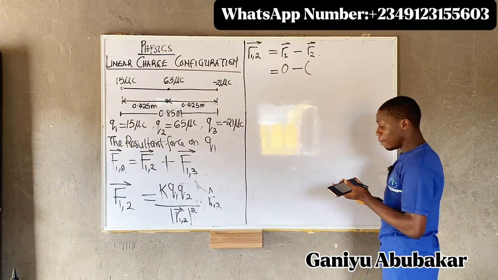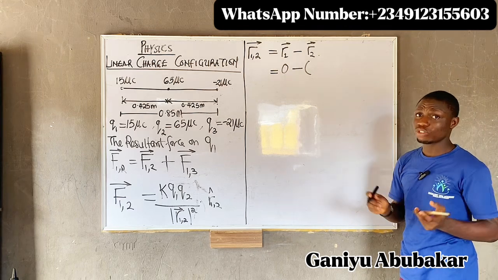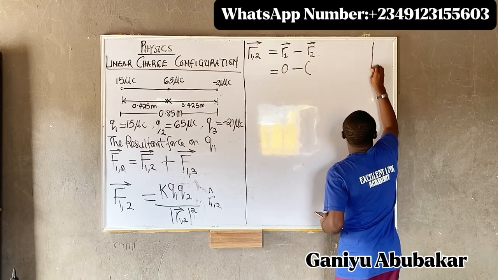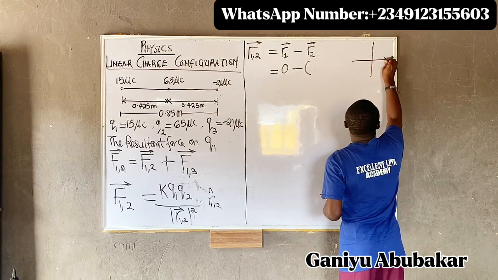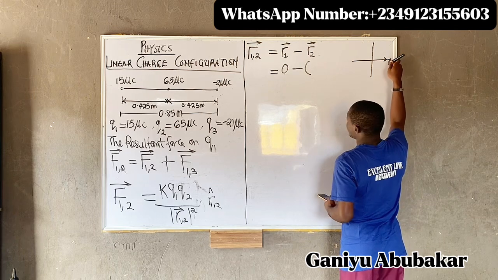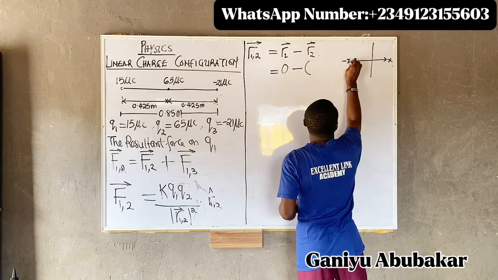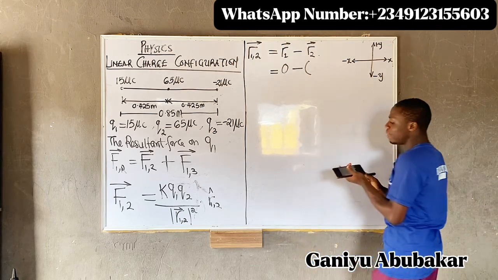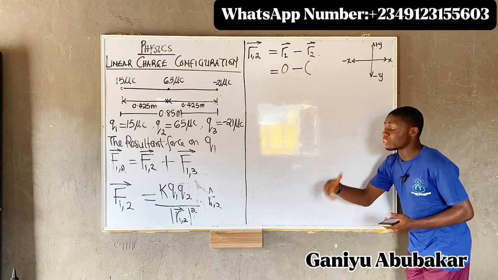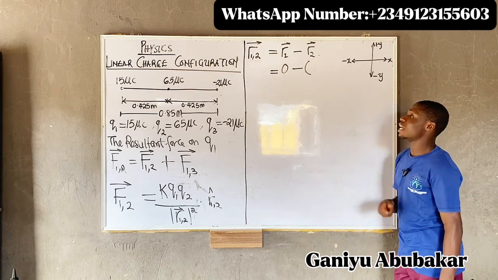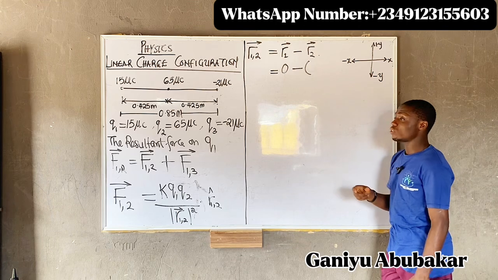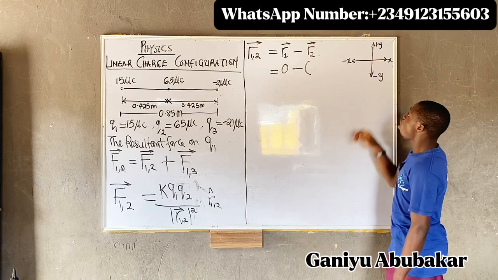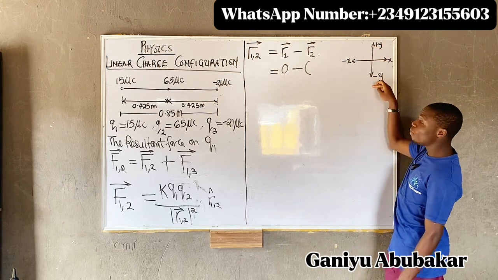Now here's the concept. Go back to your high school, SS3, to this popular known concept. If I have a graph in this form, this part is positive x, here is negative x, here is positive y, and this part is negative y. If an object is moving this way, the value should be positive; if it is moving this way, it should be negative. Upward is positive y, downward is negative y.